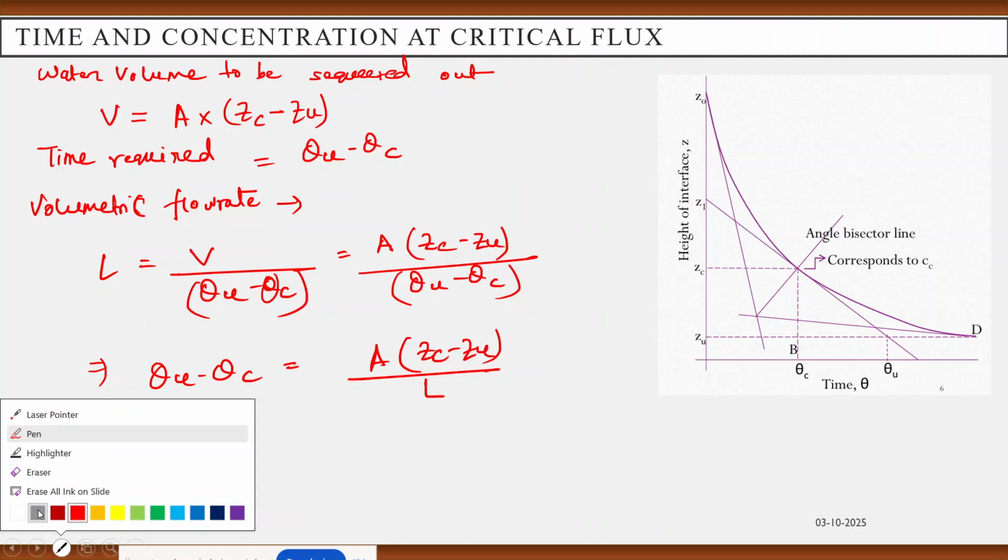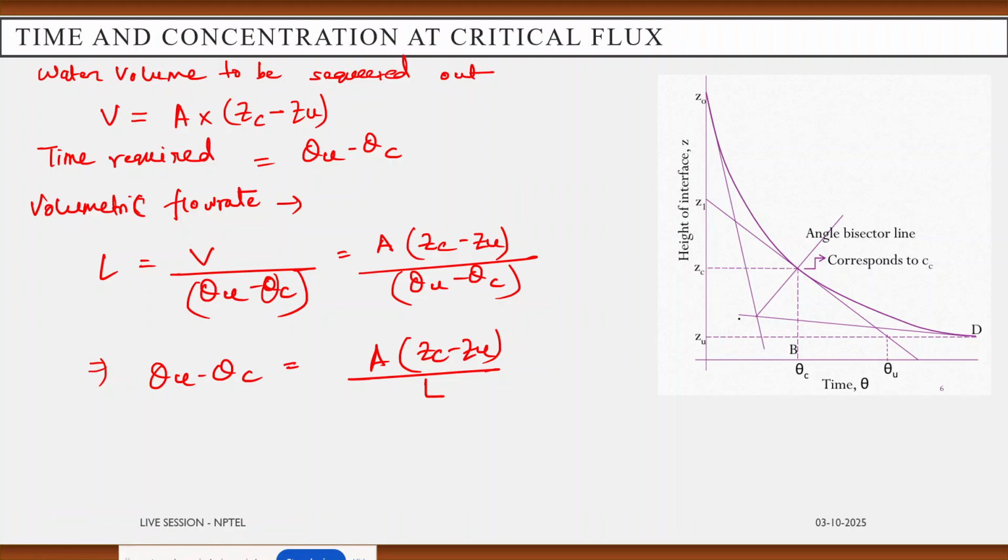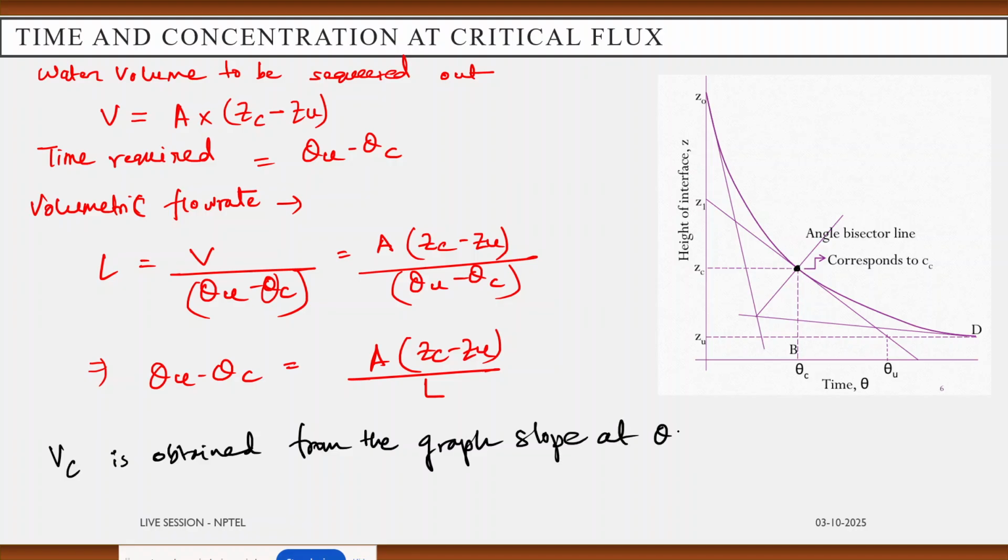For that information, at theta equals theta C, we will get a slope, and from that we will get VC. So basically VC is obtained from the graph slope at theta equals theta C.